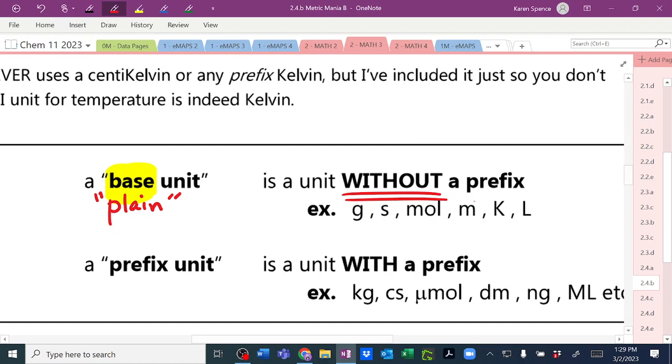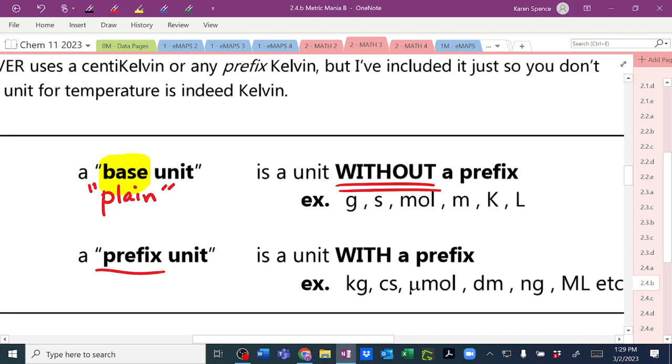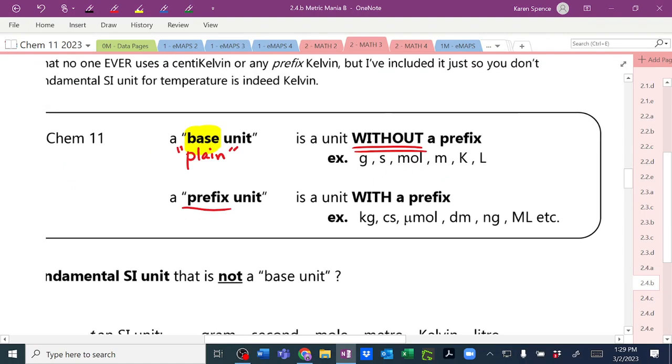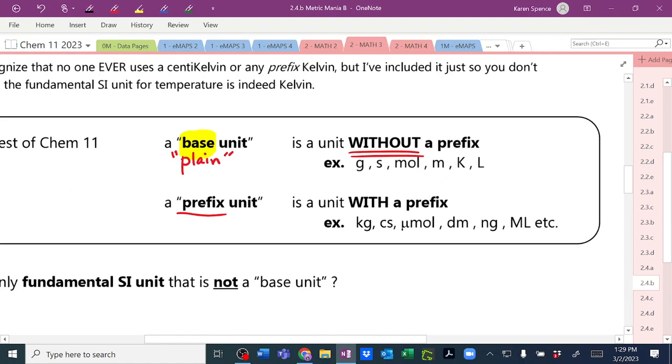There's no prefix in front of it. That is a plain unit or a base unit. If I call it a prefix unit, that means we've stuck a prefix in front of one of those things: kilograms, centiseconds, micromoles, decimeters, nanograms, megaliters, etc.